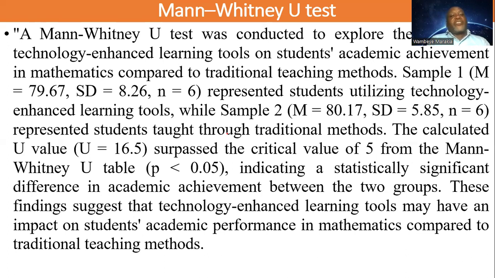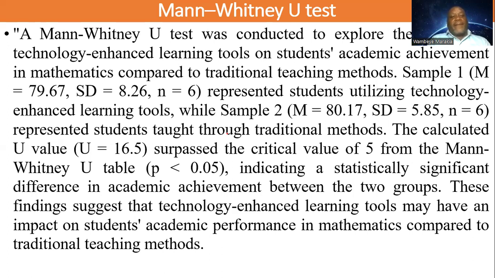The calculated U value, which equals 16.5, surpassed the critical value of 5 from the Mann-Whitney U table at a significance level of P less than 0.05, indicating a statistically significant difference in academic achievement between the two groups.